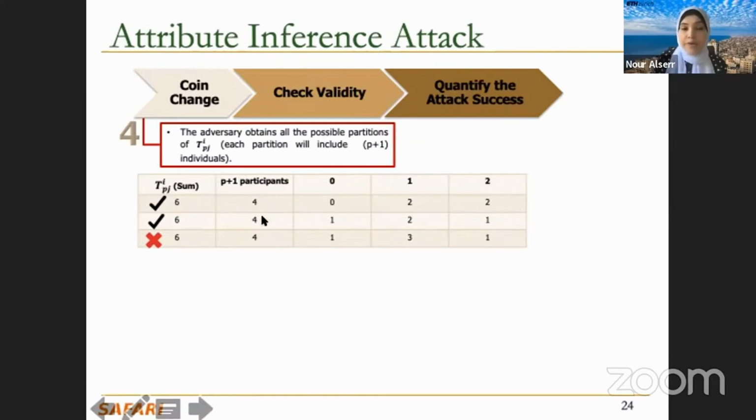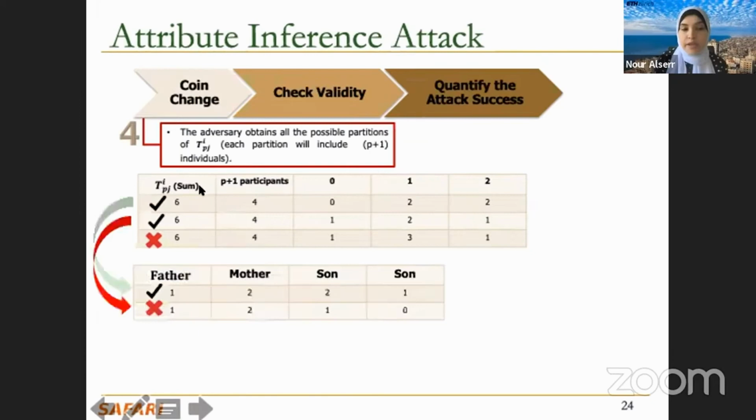Now, based on the number of participants included inside the query result, he could find what are the correct partitions and which partitions we need to exclude or ignore. For example, the third one has partitions for 5, but here the number of participants is 4, so we ignore that. Of course, we have many other partitions, but here we show a simple example.